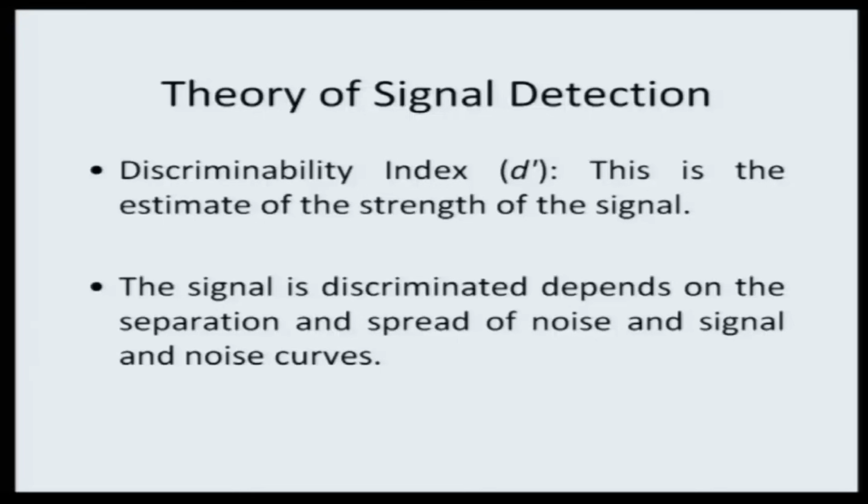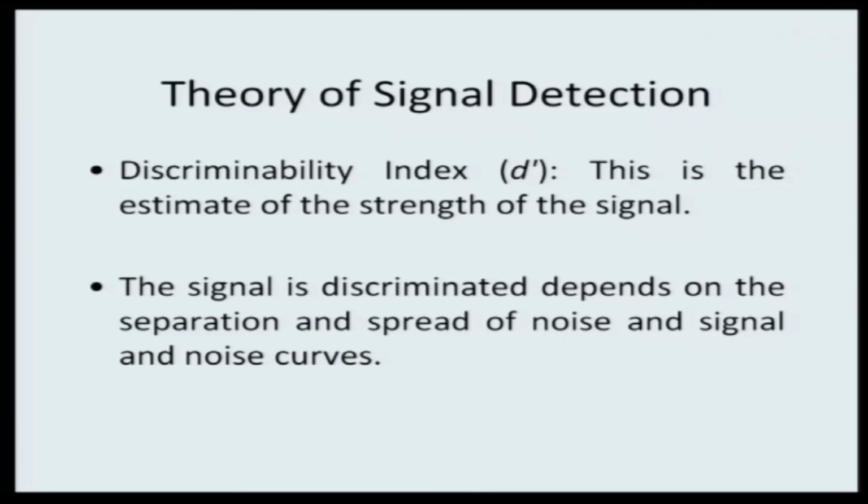Now, in terms of detection of this signal, what is very, very important is the strength of the signal. Remember, in the second lecture also we were saying that the strength of the signal has to play a role, and because the signal has to be detected, it is called the discriminability index.